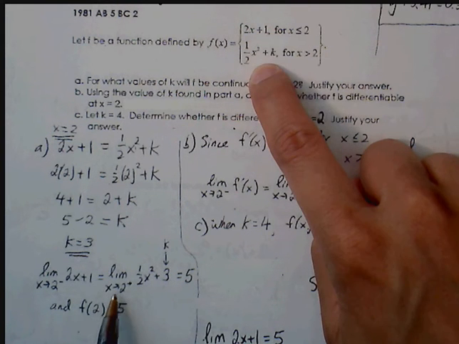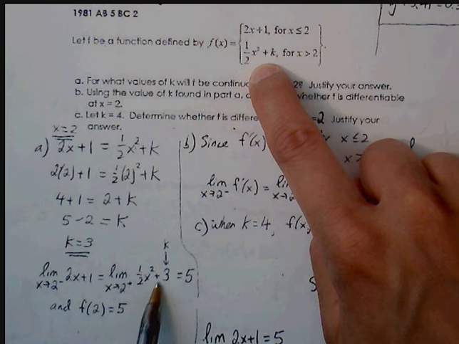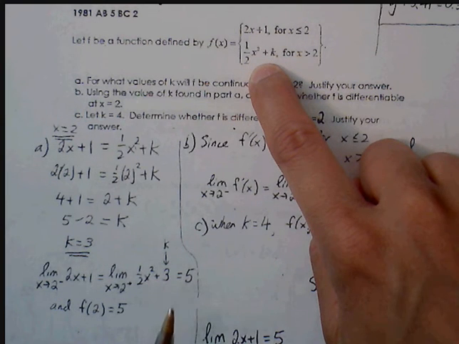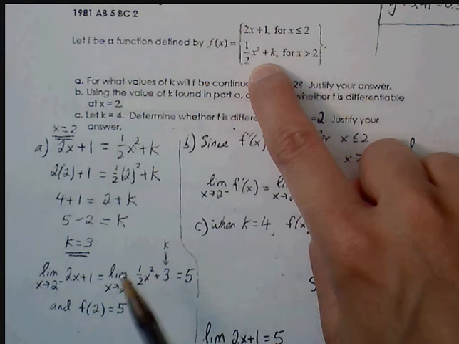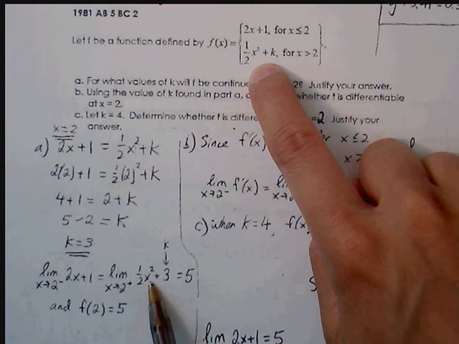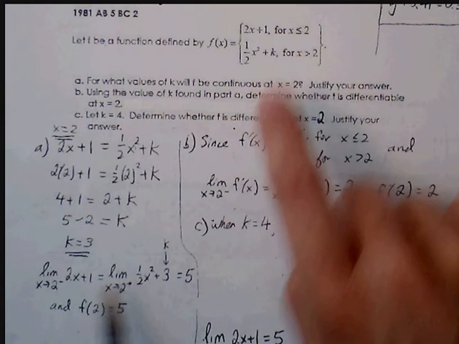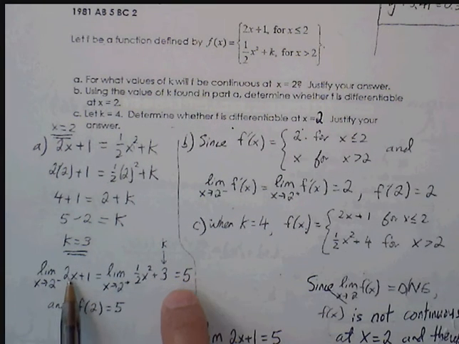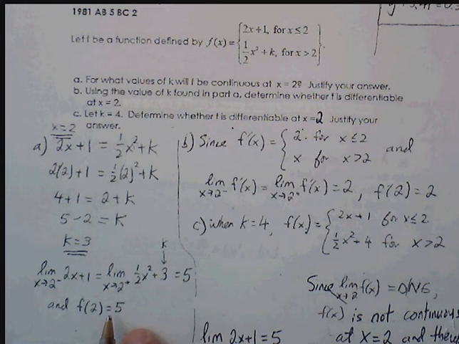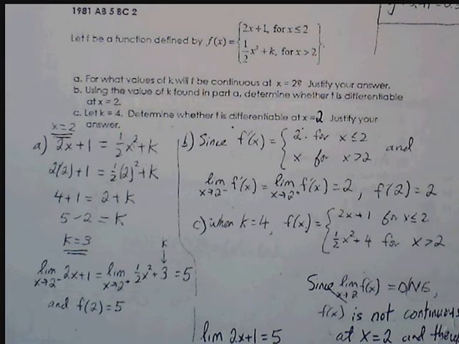From the right side of 2, we have the second piece, updated with the k value we found: 1/2 x squared plus 3, and then replace x with 2. So 4 over 2 is 2, 2 plus 3 is 5. We see that the one-sided limits on either side of 2 approach the same y value. Therefore the function is shown to be continuous at 2 when k is equal to 3.